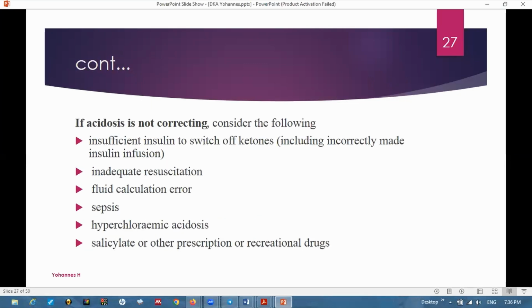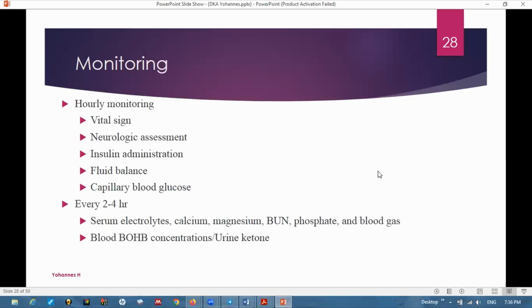The other important thing in management of DKA is monitoring. We should monitor hourly vital signs: blood pressure, pulse rate, temperature, and neurologic assessment, GCS, and pupils. Most of the time, complications like cerebral edema will occur after 4 hours of management, so we should assess the neurology.